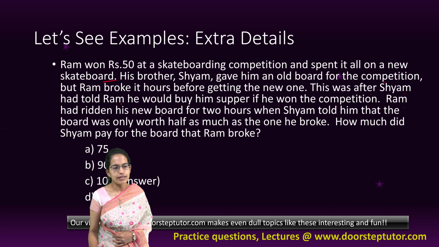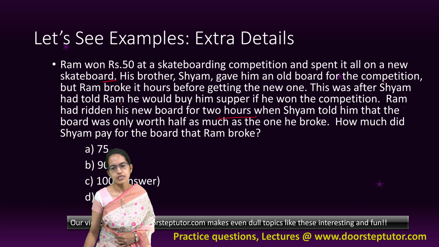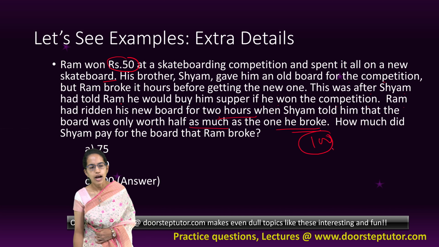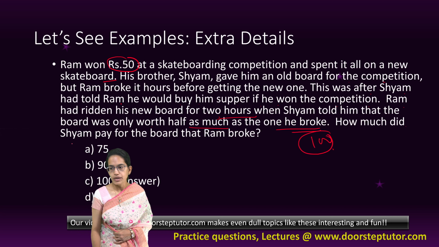Ram had ridden his new board for 2 hours when Sham told him that the board was only worth half as much as the one he broke. So Ram bought it for 50, and the original one was for 100. So how much did Sham pay for the board that Ram had broken?